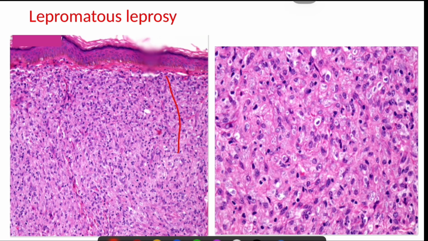See, this is the diffuse histiocytic collection. These are the histiocytes, plenty of histiocytes, and these are the lymphocytes. So these are the Virchow cell or lepra cell.